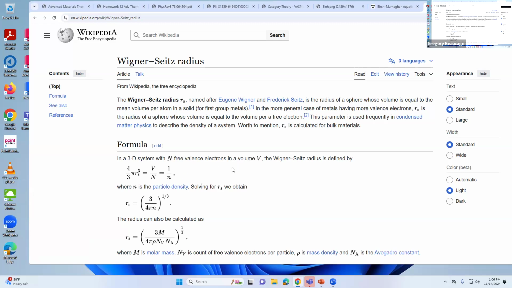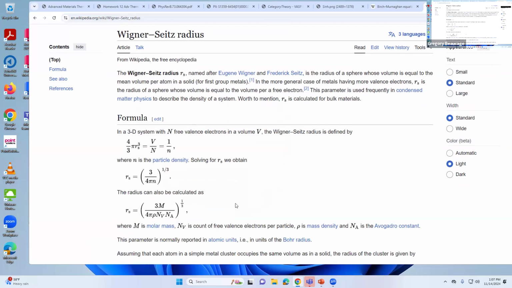For a 3D system, it's defined by V over N: N free valence electrons in a volume V. RS equals the cube root of 3 over 4 pi N.